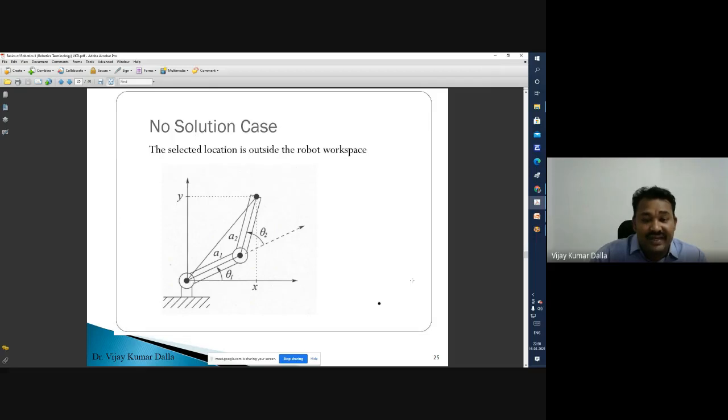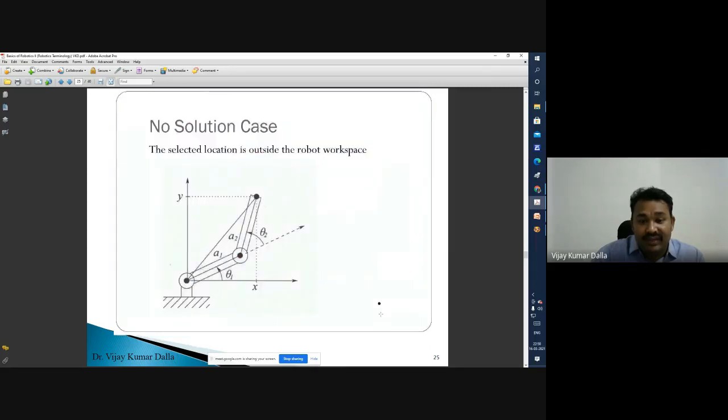No solution case: if the target point is far away from the workspace. And what is the workspace? The reach of the manipulator. In this case, it is a 2 degree of freedom serial manipulator. The goal point is far away, so we cannot locate it.